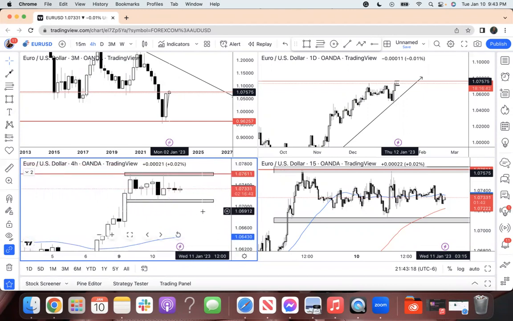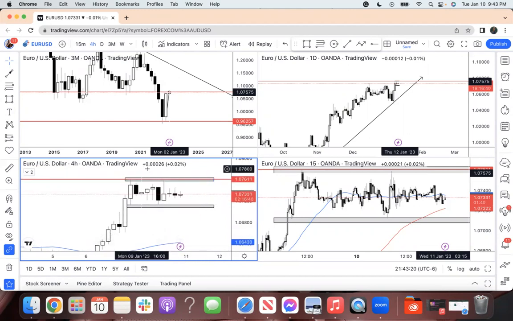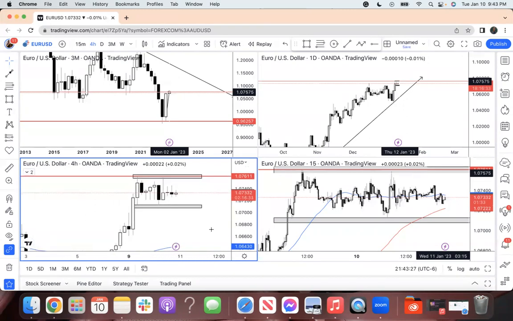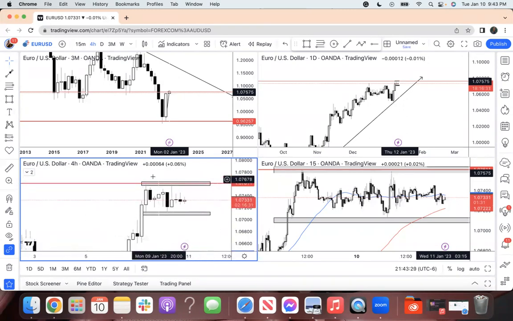We call these areas of liquidity. These are areas where retail traders typically enter and exit their trades, and the banks and the institutional traders are aware of that. Sometimes they will manipulate the market to push price up, which is going to knock out the traders that have their buy limits here.